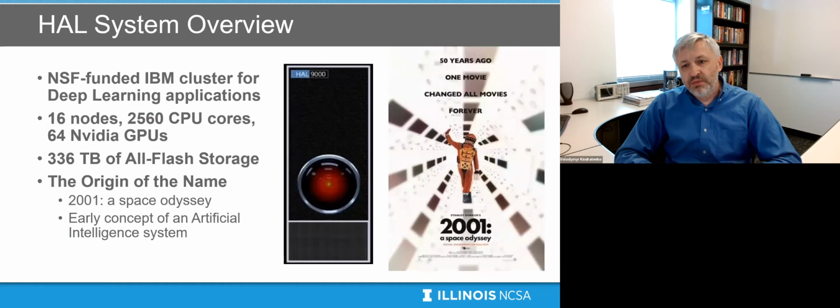So first of all, what about the name? We built this system in 2018, 2019. This is a machine which was funded by the NSF, through NSF's Major Research Instrumentation Program. We built this system from IBM servers with NVIDIA GPUs, which were state-of-the-art at the time this machine was built.